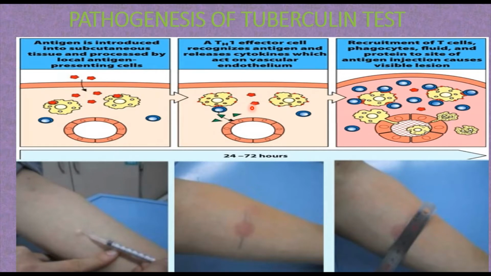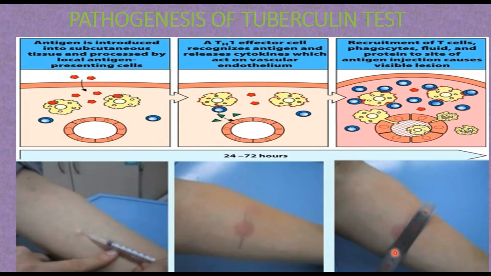Once these cytokines are released, they act on the vascular endothelium. Once the endothelium is excited, it leads to recruitment of T cells, phagocytes, macrophages, fluid and protein to the site of antigen injection, causing a visible lesion. So here you can see some sort of swelling.